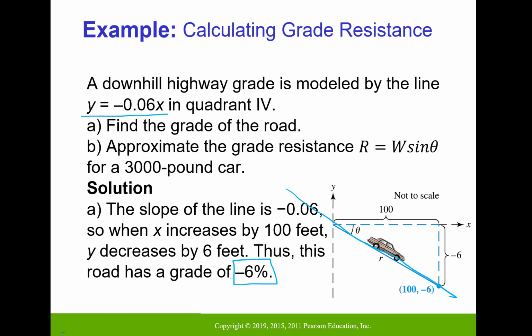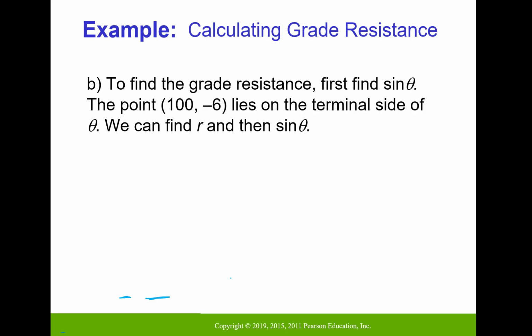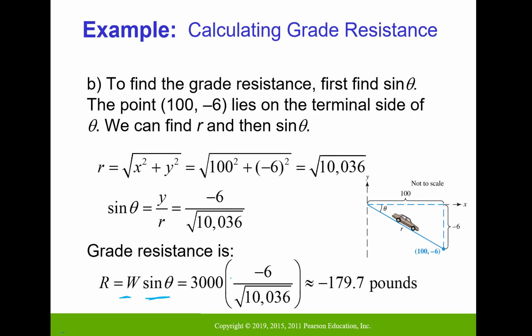And now the grade resistance for a 3,000 pound car, we're going to use the formula that's given. So the formula is the weight of the vehicle times the sine of the angle. For sine of the angle, we know that sine is y over r, or the opposite side over the hypotenuse. So we can use the fact that this is negative 6 as the opposite side, but we do have to calculate the r value, or the hypotenuse of that triangle.